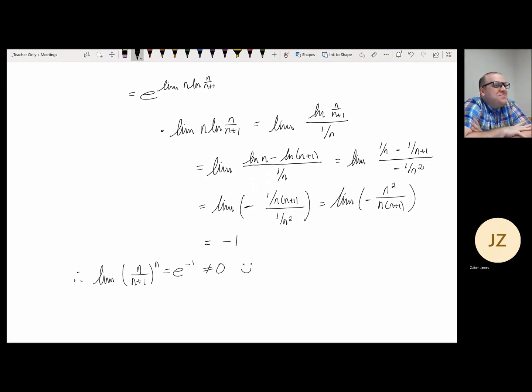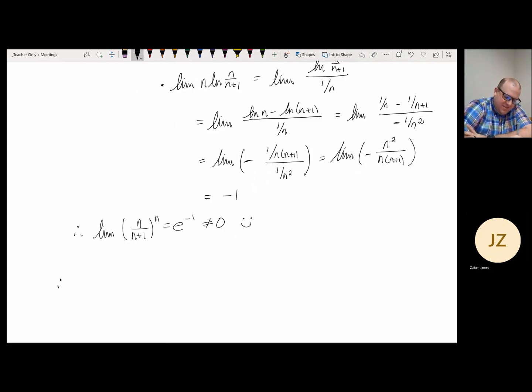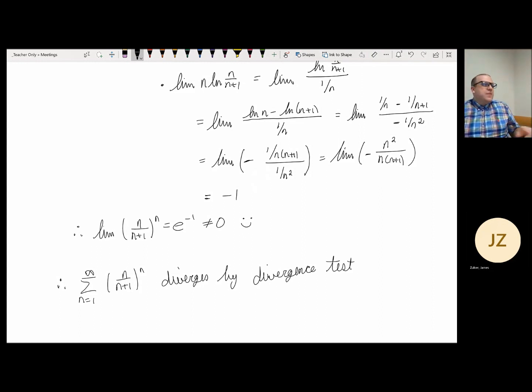Yay. Means I'm not going to have to worry about doing some hideous test. The series diverges by the divergence test.